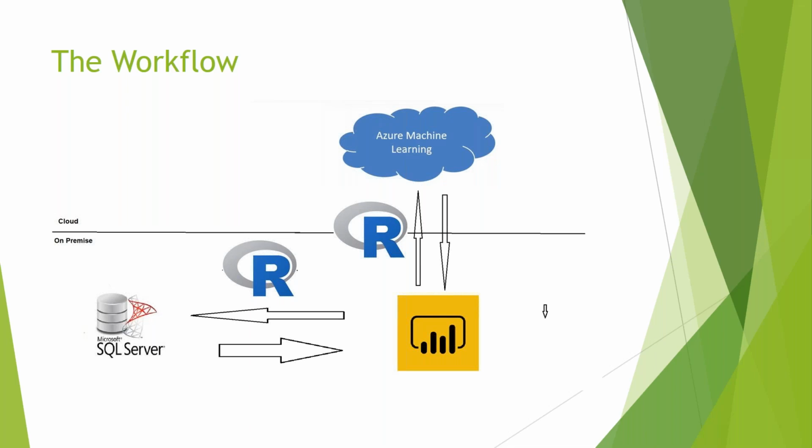This R code can be used as a stored procedure, and you call the stored procedure from the on-premise SQL Server, and that way you can predict the values, and then visualize those predicted values in Power BI. That is the workflow that I'm going to show you today.